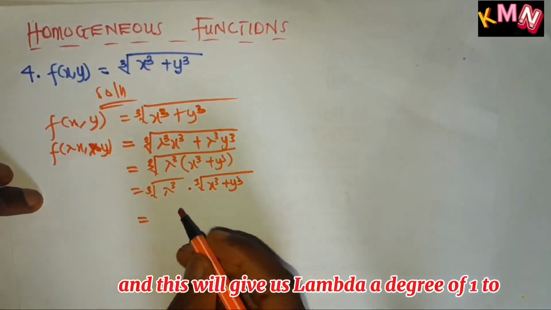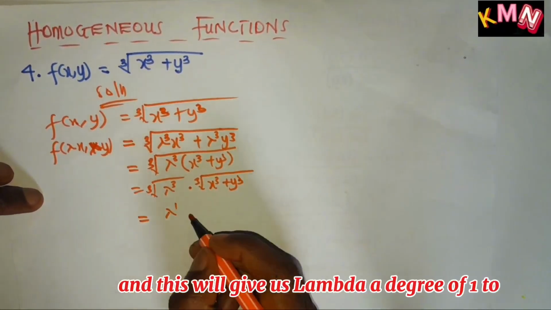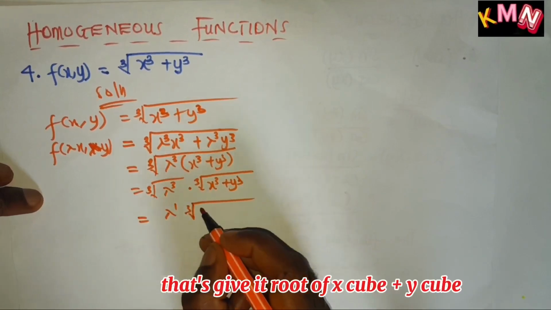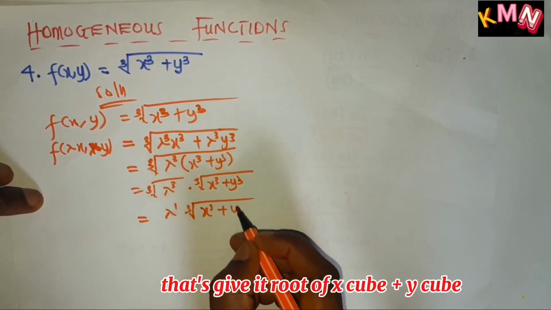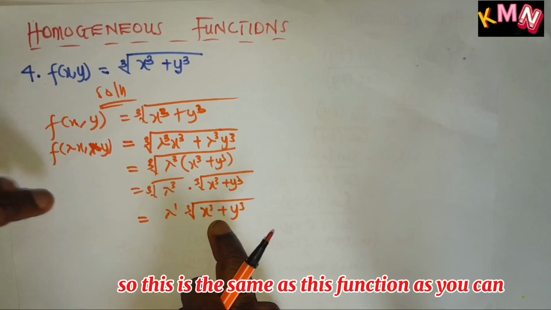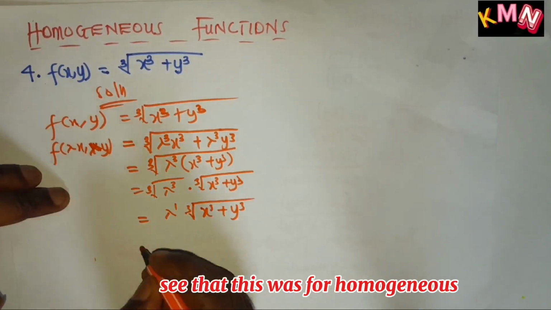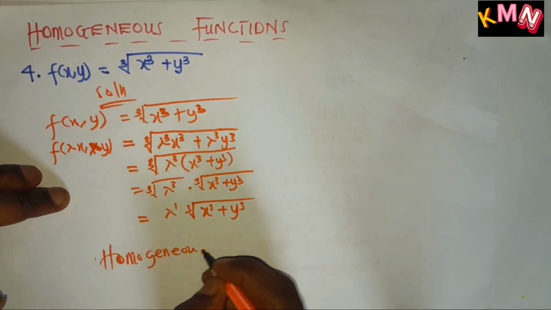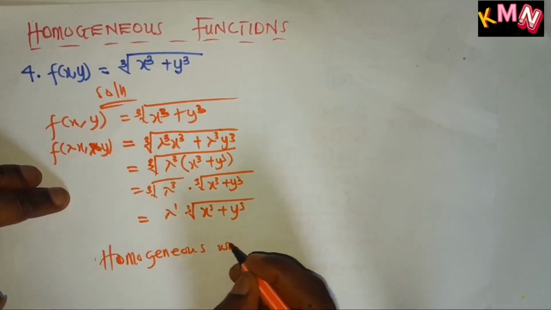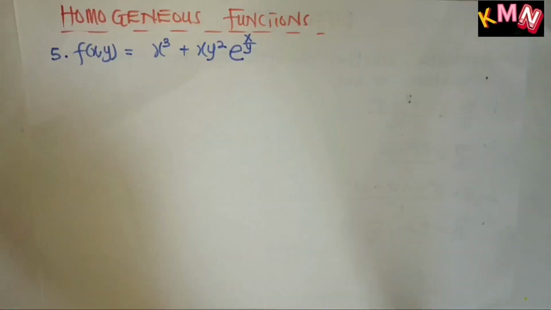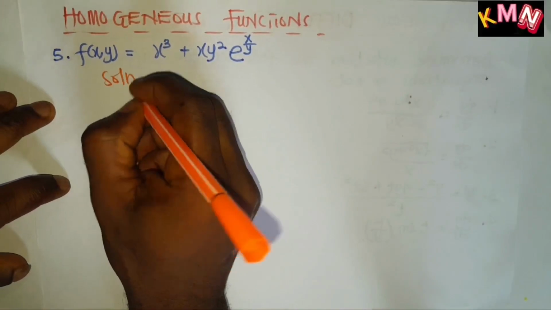This will give us λ to the degree of 1 times the cube root of x³ + y³. So this is the same as this function, and so we can say that it is homogeneous with degree 1. Our fifth example.